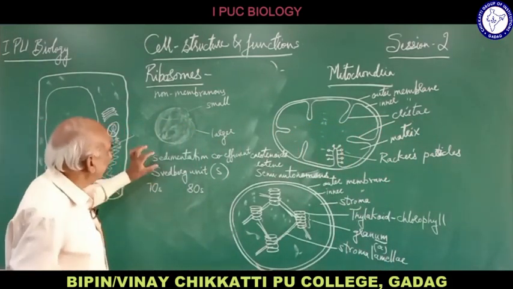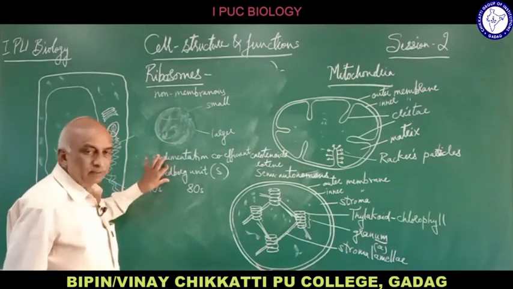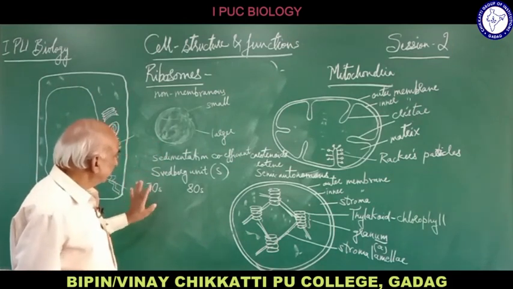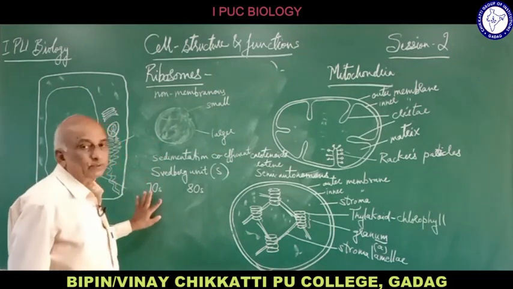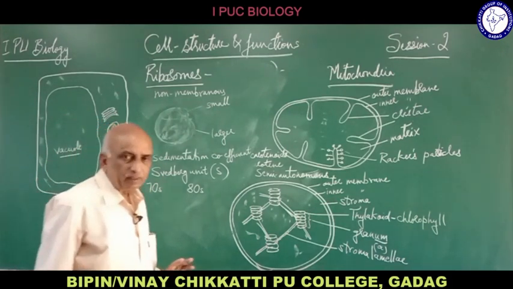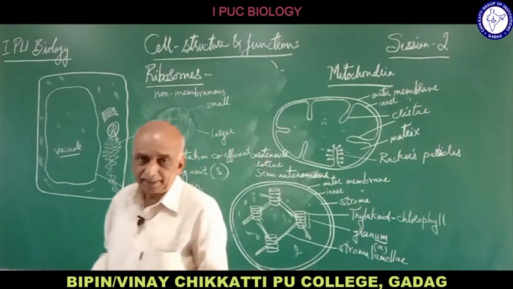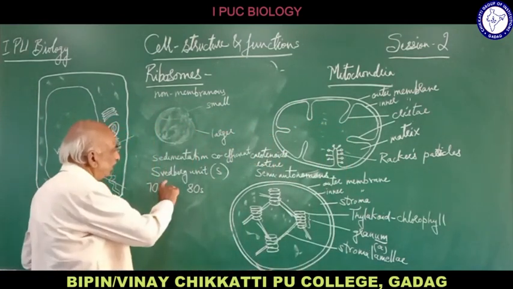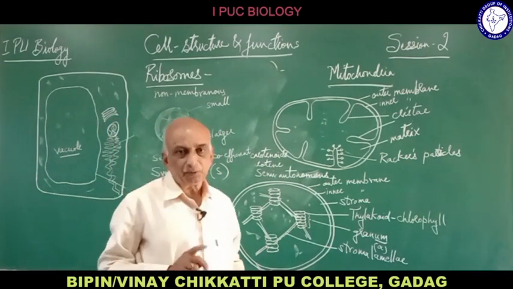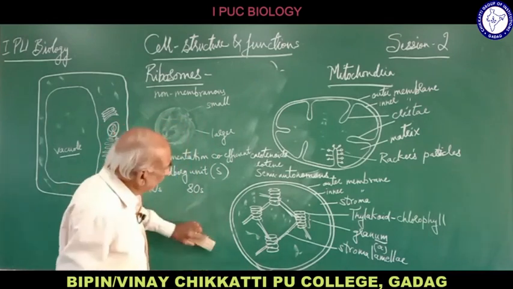So there are different types of ribosomes like 70S and 80S, and they are involved only in protein synthesis. That is about the ribosomes.